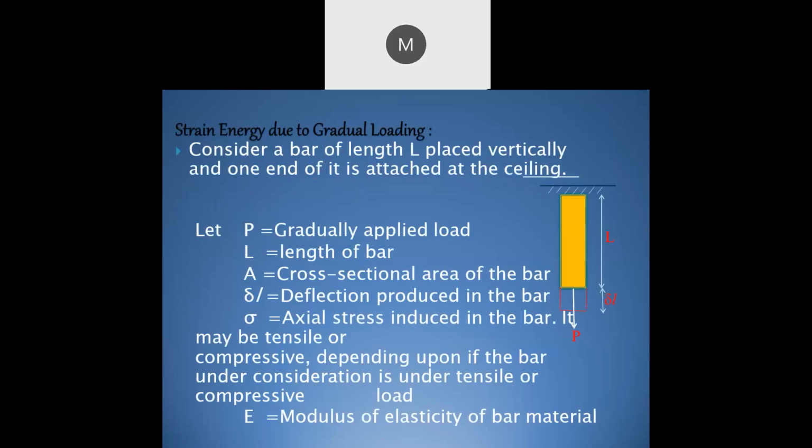Now we'll have some derivations. First of all, strain energy due to gradual loading. For this part, you'll have to consider a bar of length L, which is placed vertically and one end is attached to the ceiling, like this.